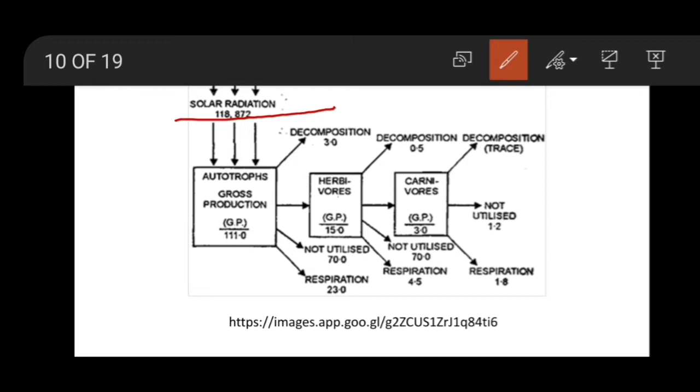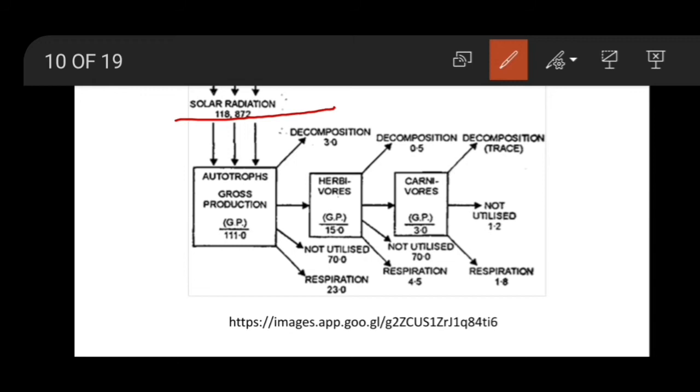Out of this solar radiation, the autotrophs use 111 gram calories per centimeter square per year, and this efficiency of energy capture is only 0.10%.